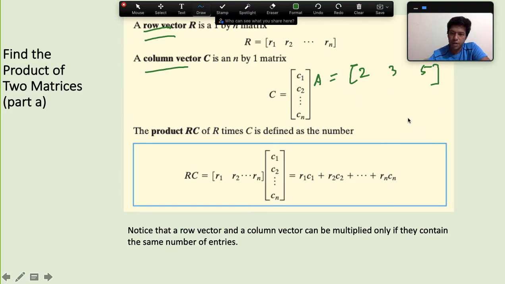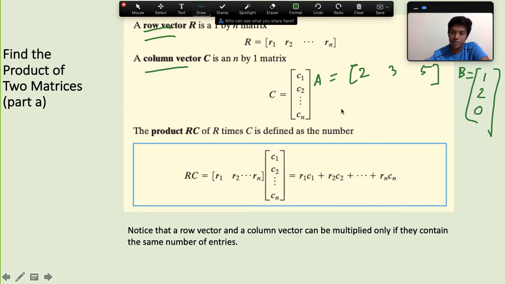And if I write B equals, let's say, a column with elements 1, 2, 0, just only one column, there is no other column, one column and 3 rows, as you can see. So this is the column vector or column matrix.